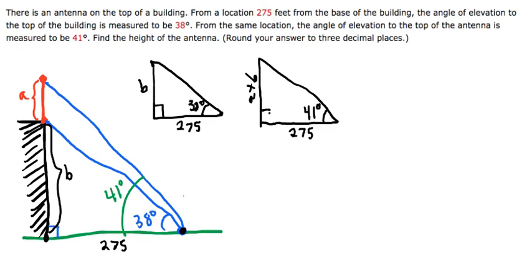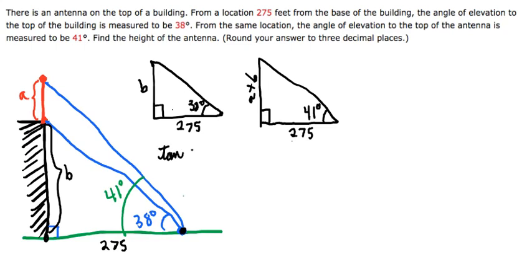Now we can use right triangle trigonometry to set up a ratio for each of these triangles, and then ultimately we can solve for A. So let's start with this simpler triangle that just has the B. We want to use a trig ratio that relates the opposite side to the adjacent side of a right triangle. That trig ratio is tangent.